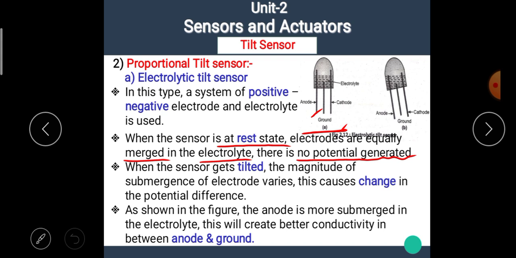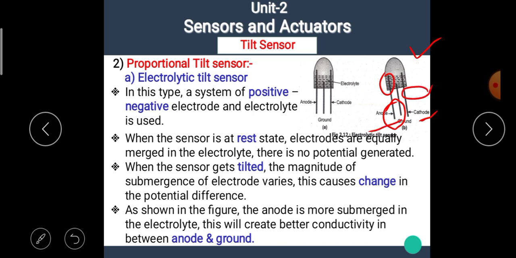That means when the sensor gets tilted, the anode is more submerged than the cathode in the electrolyte. Hence, the electrical potential between anode and ground is higher, and between cathode and ground is lower. I hope you all understand the electrolytic tilt sensor.